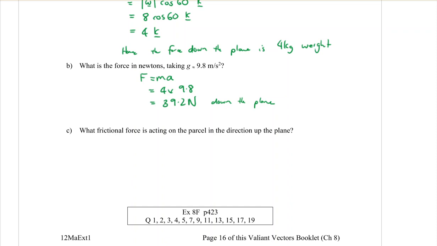Okay, so let's just write that out as an explanation. 39.2 newtons up the plane. So since the parcel is resting on the plane, that means it is not moving.